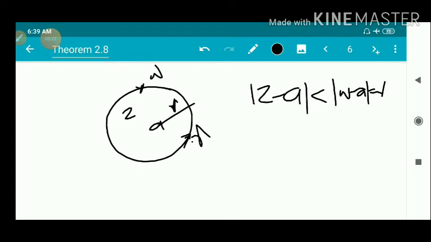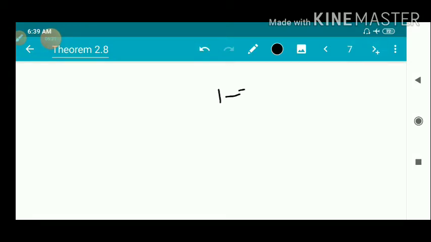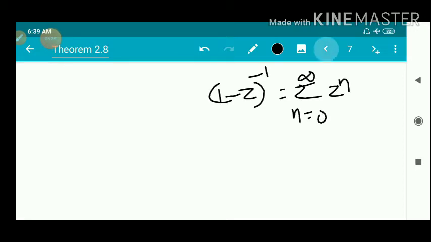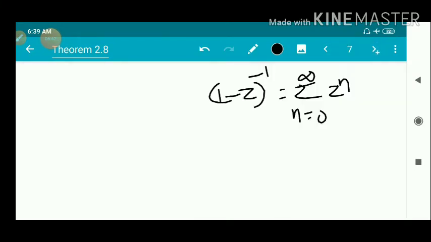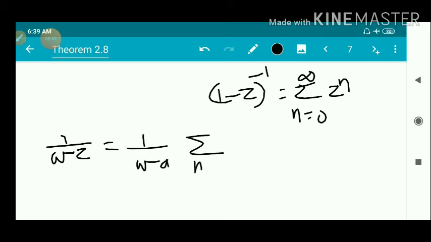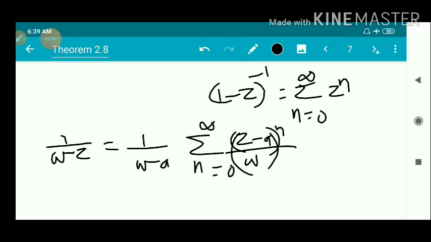We have the expansion of (1 minus z) all raised to minus 1 as 1 plus z plus z square etc., that is sigma n equal to 0 to infinity z raised to n. So here we can write 1 by (w minus z) equal to 1 by (w minus a) into sigma n equal to 0 to infinity ((z minus a) by (w minus a)) all raised to n.